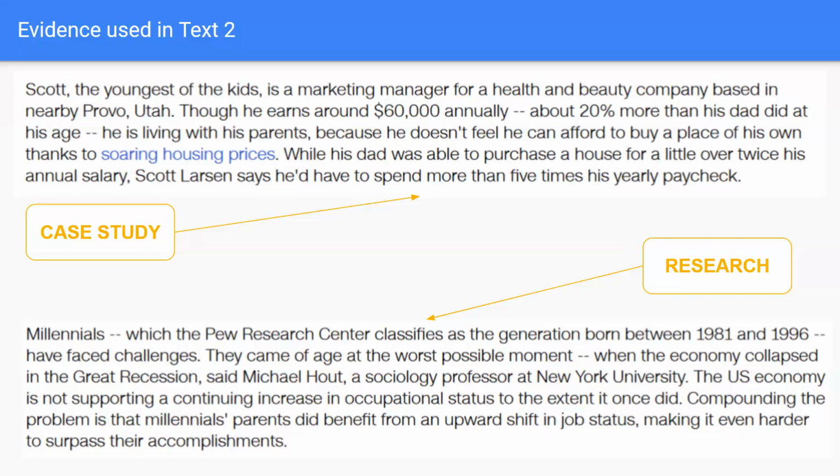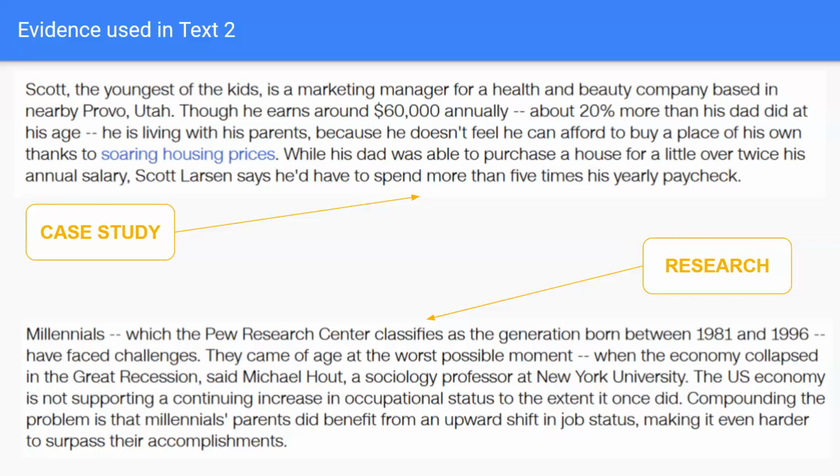So a case study may not be a good representation of what's going on with an overall population. So for example, just because Scott isn't able to afford a house like his father, that doesn't mean that all millennials are not able to buy homes faster than their parents.